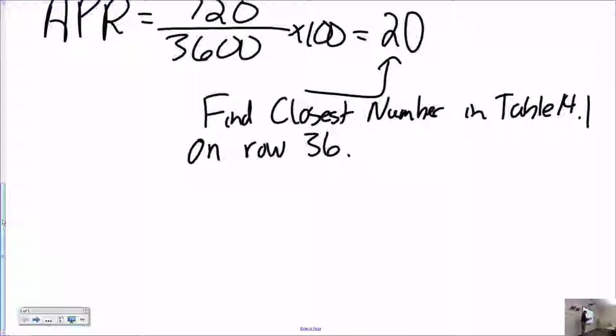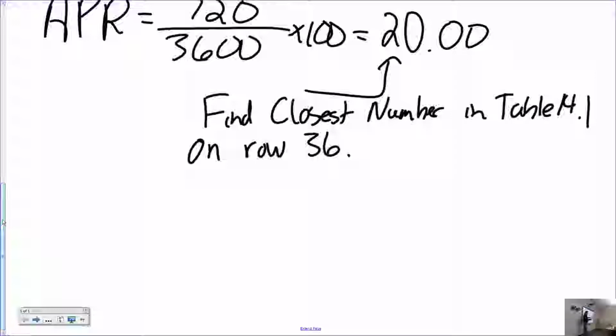So you start there over on page 38, and you start going to the right, looking for a number that's close to 20.00, right? This is the number we're looking for on row 36.